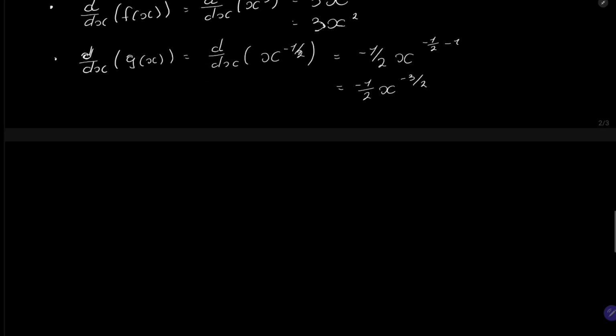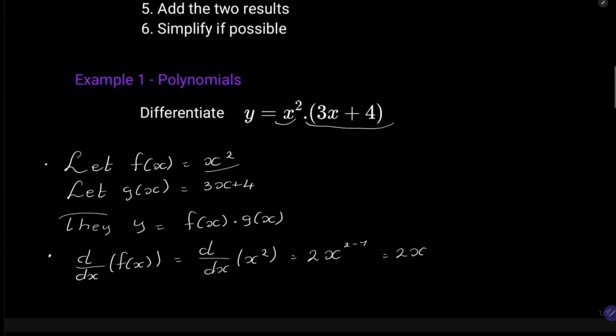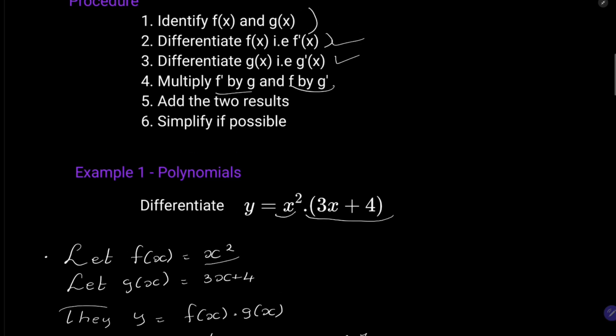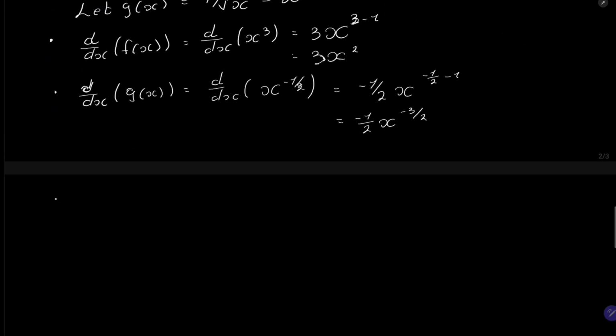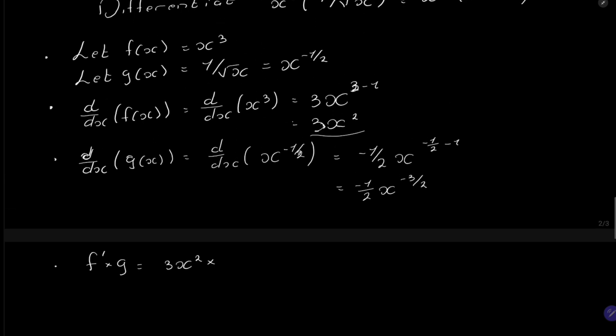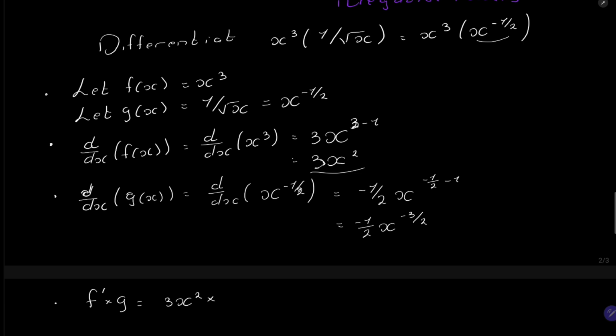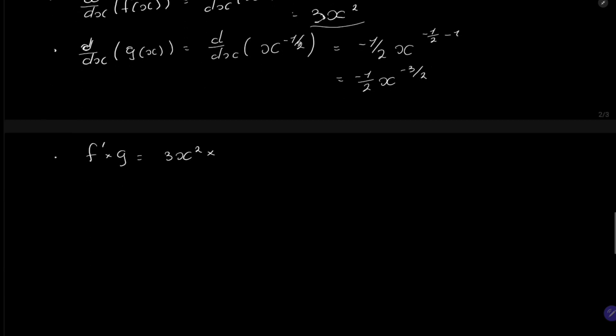Now what does our fourth step ask us to do? Our fourth step tells us to multiply f prime by g and f by g prime. So that is what we are going to do. f prime times g is the same as, what is f prime? 3x squared. 3x squared times, what is our g? Our g is x to the power negative half.